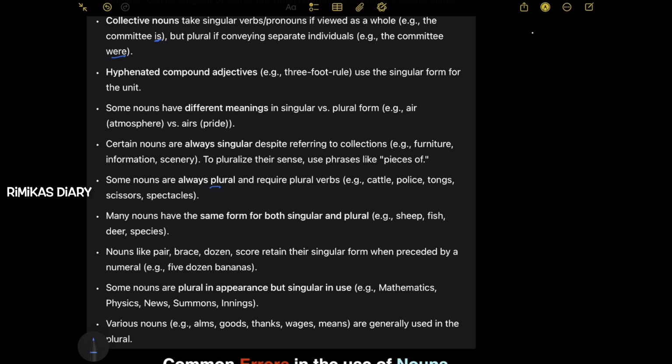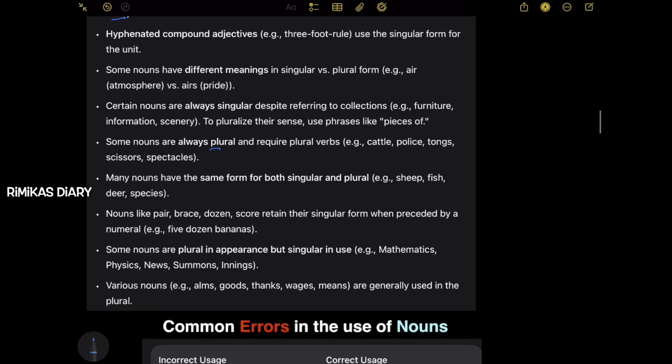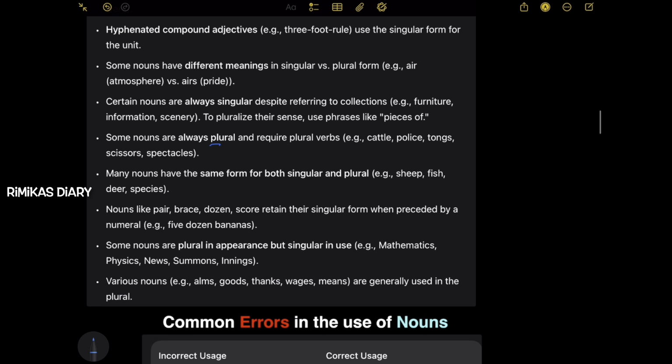Example, 5 dozen bananas. Some nouns are plural in appearance but singular in use. Example, mathematics, physics, news, summons, innings. Various nouns, example, alms, goods, things, wages, are generally used in the plural.